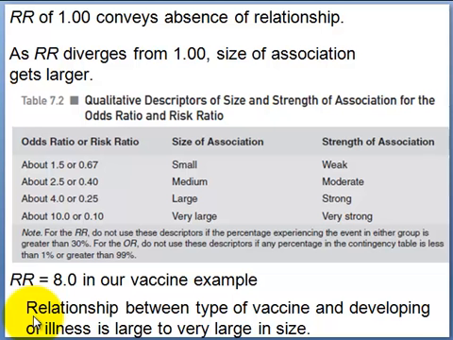These qualitative descriptors are approximators, just rough guides. So let's say that the relationship we're seeing between vaccine and illness is quite a large one. It's large to very large in size.